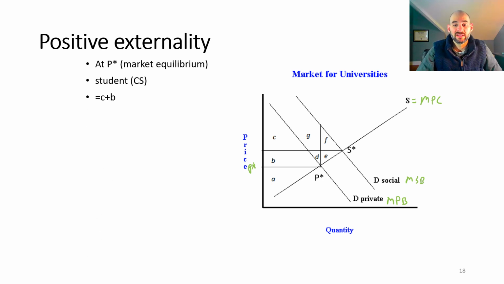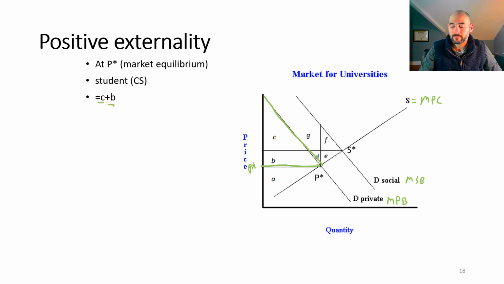And so we're going to look at the difference between the price that they are able to pay, being P star, and the price that they are willing to pay, being captured by the demand curve and the private benefit. And so we can see that the area captured between those two lines is going to be C plus B.